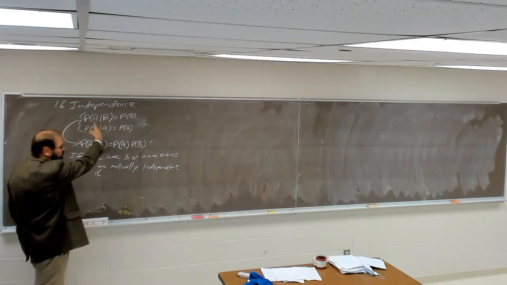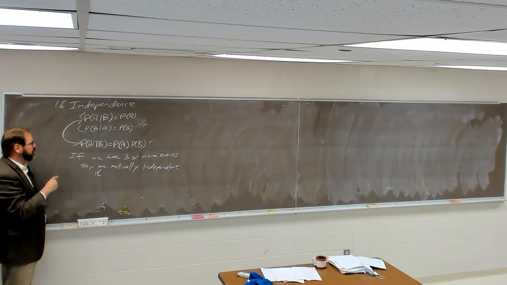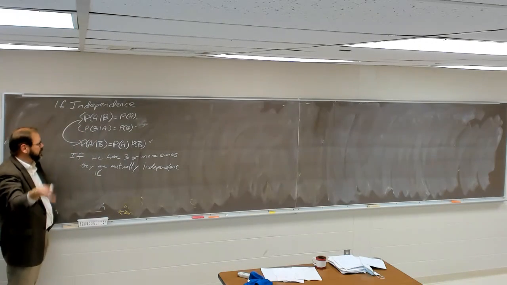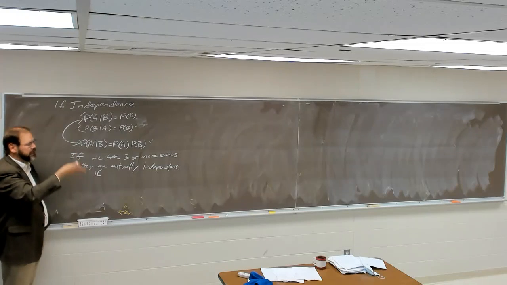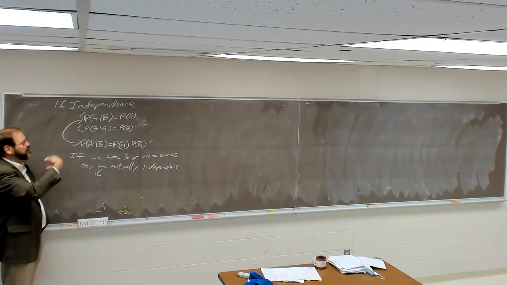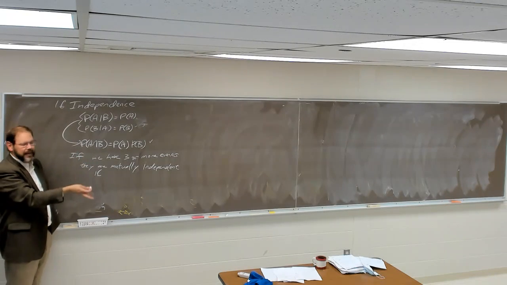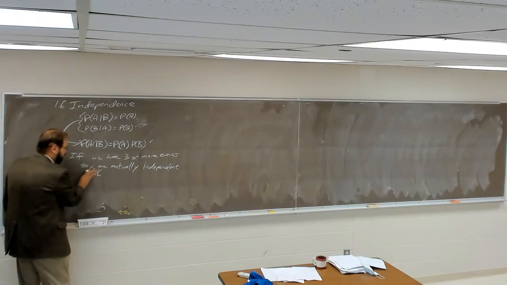And again, we could write some conditional probability statements here: A given B intersect C, or A intersect B given C, if the probabilities are what we expect them to be.